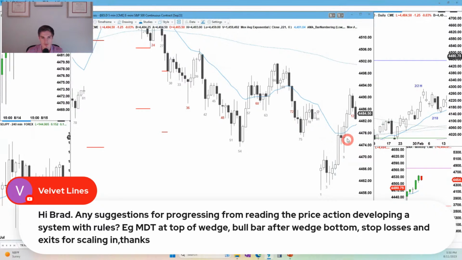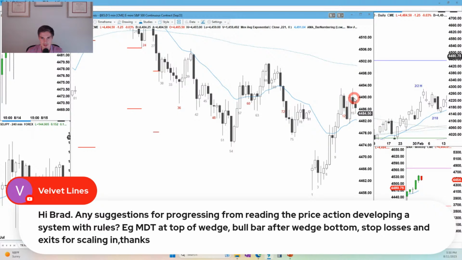But once you have two, maybe three legs up, the probability diminishes greatly for a fourth or a fifth leg. So in general, one thing I would write down is I would not trade third legs of moves, because generally speaking, the market's in a trading range and leg threes will typically fail.